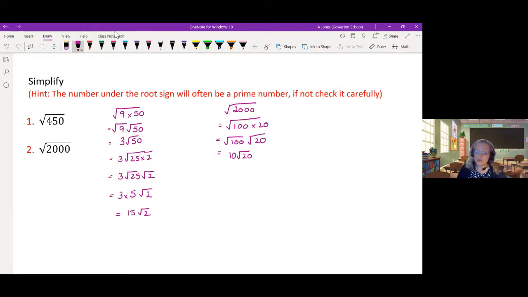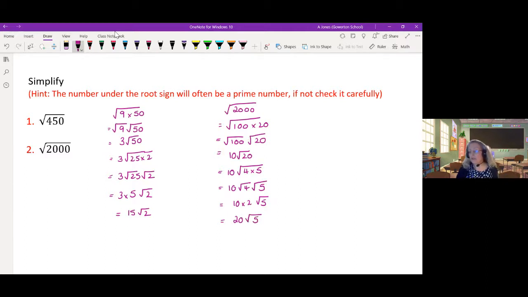But actually 4 goes into 20. So I'm now going to say, well, that's 10, and then 20 is 4 multiplied by 5. So this is 10 root 4, root 5. And the root of 4 is 2. So it's 10 multiplied by 2, root 5. So this one is 20 root 5.